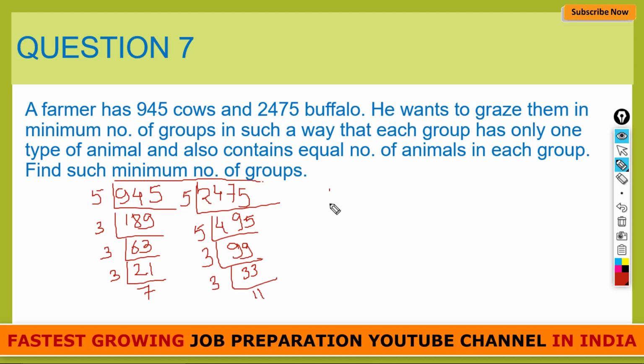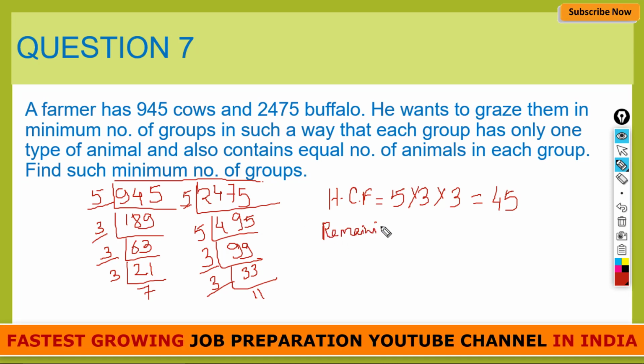So from here we get the HCF, the highest common factor, which is 5 into 3 into 3. So it gives us 45. Now we have to find the minimum number of groups. The remaining prime factors of the numbers will give us the minimum number of groups.